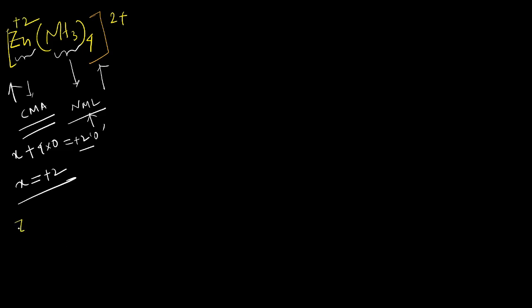Zinc, when it becomes +2, has 3d10 electronic configuration. If I open this 3d10 electronic configuration, it becomes like this. All the 3d orbitals are completely filled here.